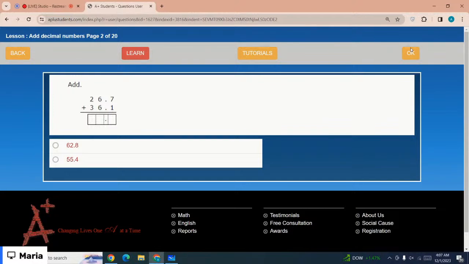Okay, the next one is 26.7 plus 36.1, which is the correct option? Which option is the correct one?